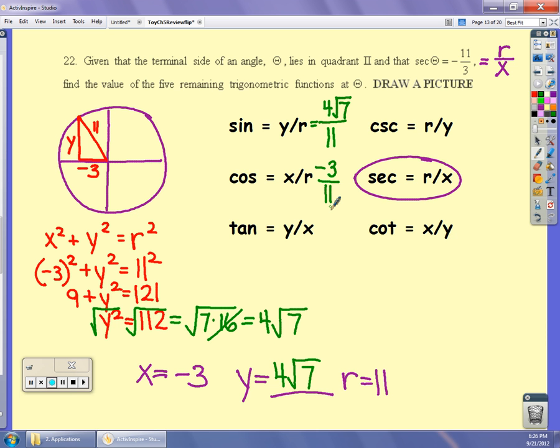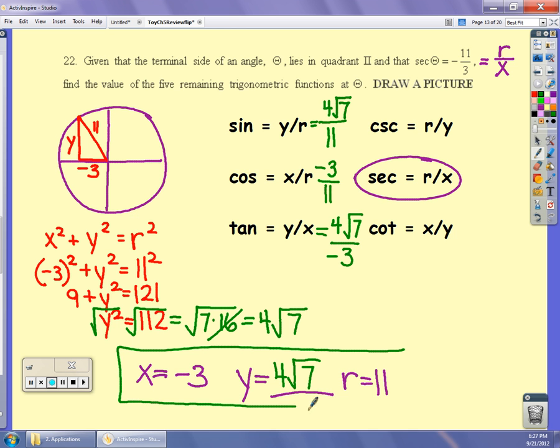Tangent, y over x, is 4 square root of 7 over negative 3. Notice all we're doing is filling in our ratios using what we have down here.